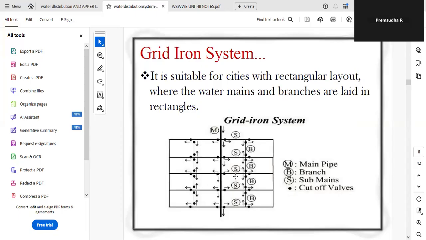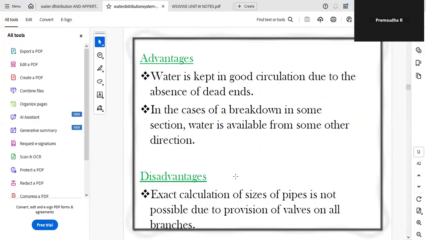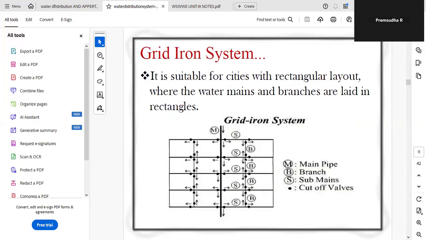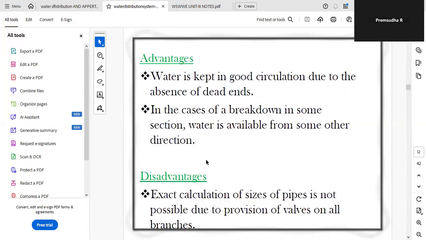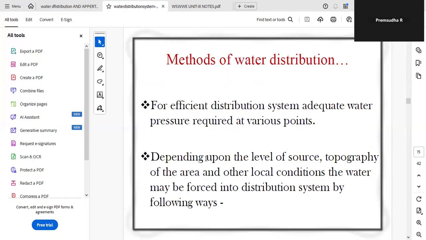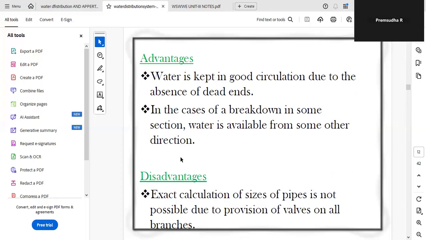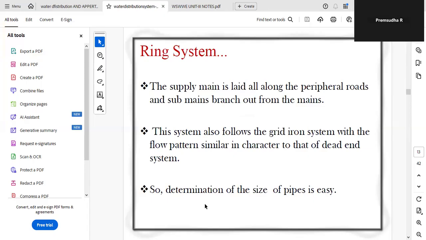There are so many walls, so we can close the wall at a particular branch and supply water to the other section. Disadvantage: exact calculation of sizes of pipe is not possible due to provision of walls.